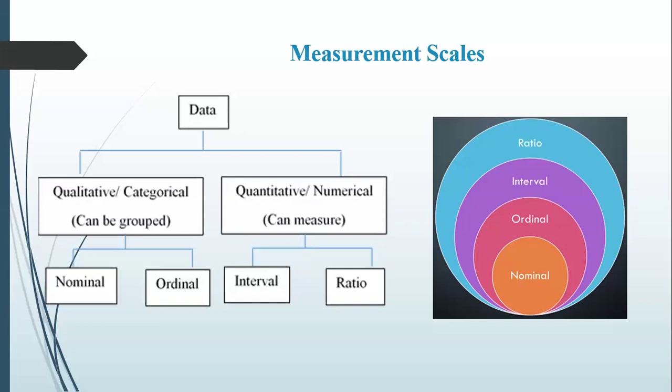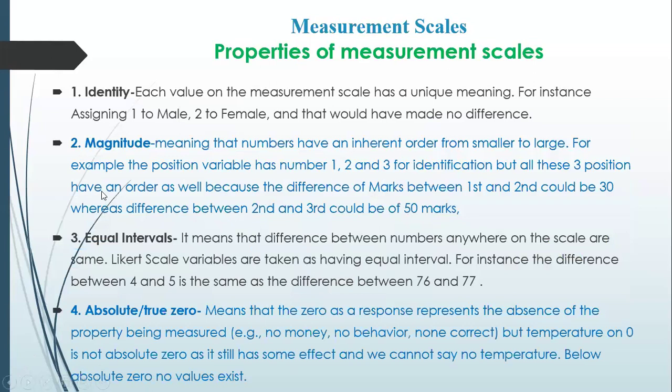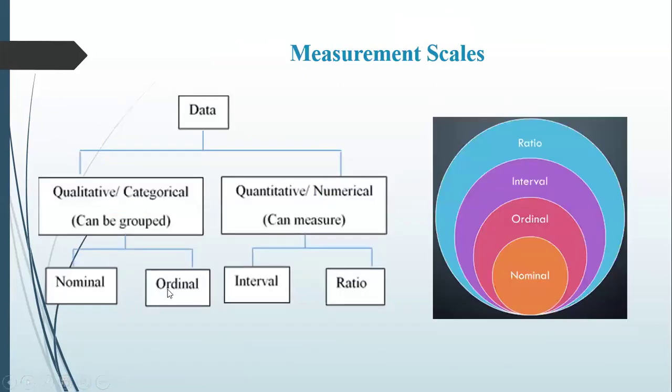Then ordinal is the second measurement. It is the rank. As I told you in the previous slide, it is like magnitude. Can you remember I took the example of the class position of the students? That is referred to as ordinal. We give positions to our students in the class based on their term test marks: first, second, third, fourth, and like that.